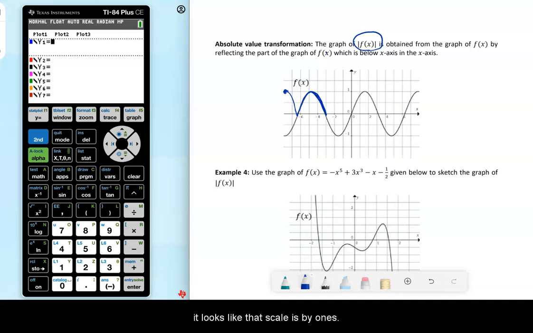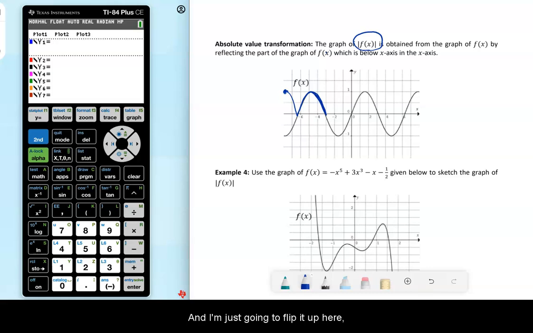And then, it looks like that scale is by 1s. But if you check the y-axis, that scale is larger. So I take this portion of it, and it looks like it's at roughly -1.75 on the x-axis, and it's at -1 on the y.